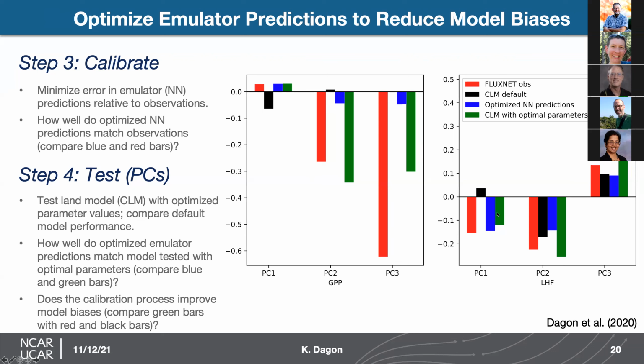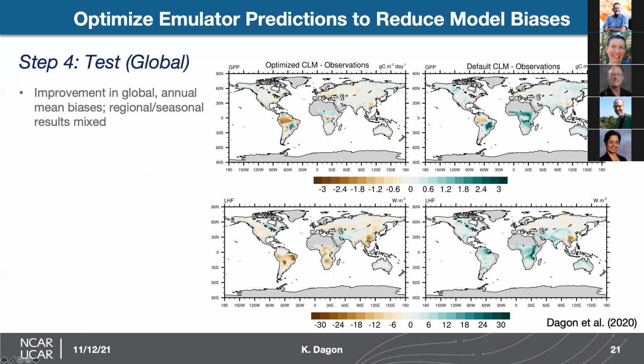You can also compare how well the model is getting pushed towards the observations in red, especially in the context of the black, which is the default model. So there's a lot to unpack here, but I think what is also interesting to look at in terms of this testing is just what these metrics look like spatially. So that's what I'm showing here.